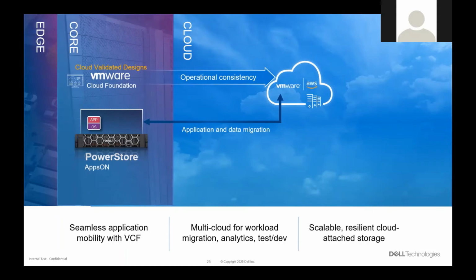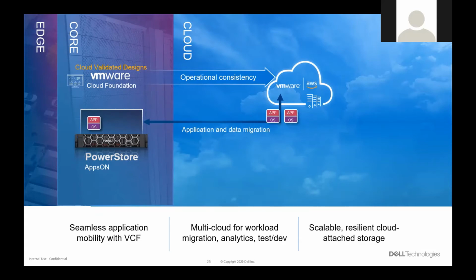Yeah, and as Brandon mentioned, running PowerStore with AppsON gives you seamless application mobility with VCF, which is VMware's Cloud Foundation. That would basically allow you to have workloads migrating from on-prem out to VMware Cloud on AWS.